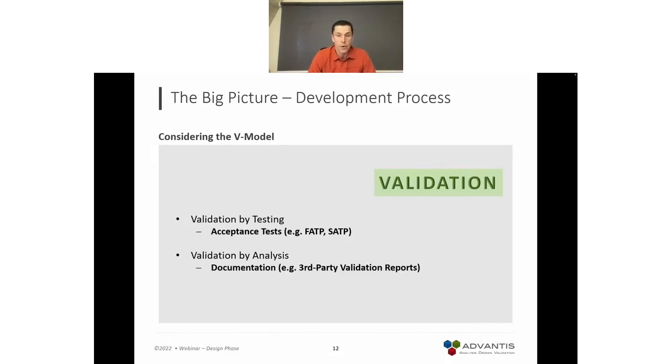And that just happens on the documentation side, where you potentially have a third-party inspector reviewing your documents, creating a validation report. Because believe me, if you don't do this kind of validation by analysis, you will miss certain things by testing, especially when it comes to safety functions.